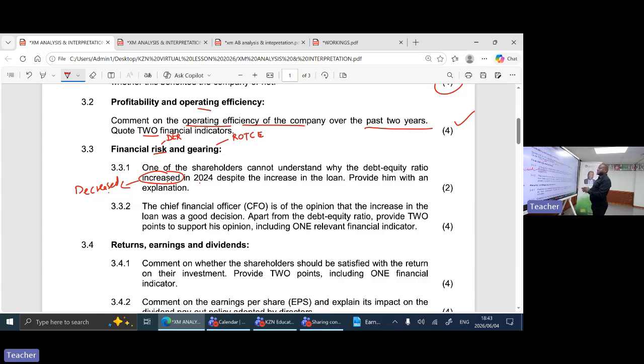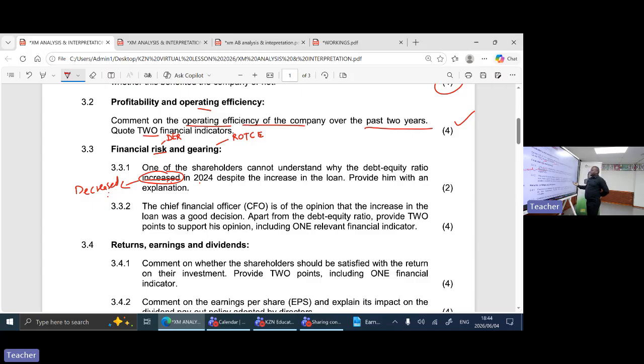Please, I do apologize if it is correct to have increase here. But in my understanding, we are not supposed to have increase here. We are supposed to have decrease, because when you look at the figures, it's decreased in 2024. So let us work with decrease and not increase. So it decreased in 2024 despite the increase in the loan.